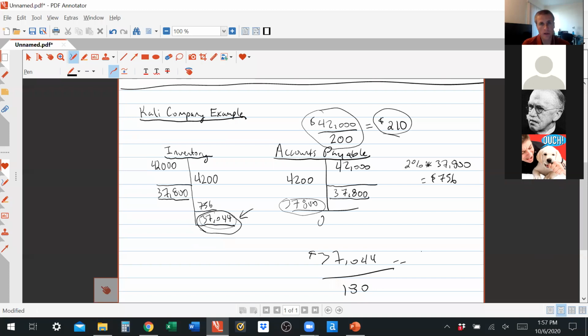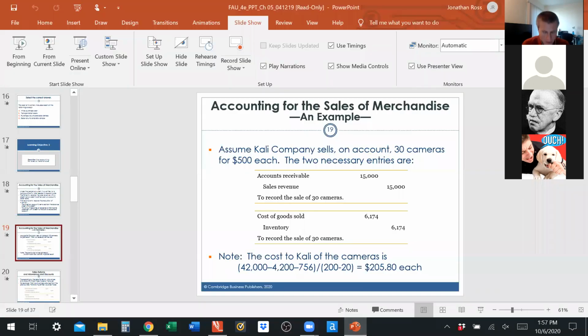And then we sold 30 of these 180. So this is what we paid for those 30. $37.44 divided by 180, $205.80. So $205.80 times 30 cameras is $6,174.